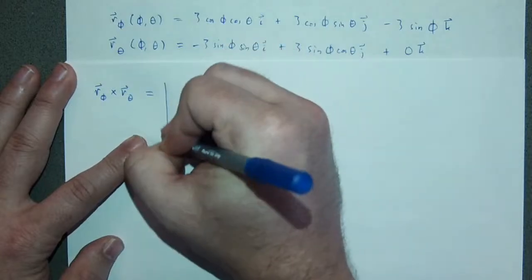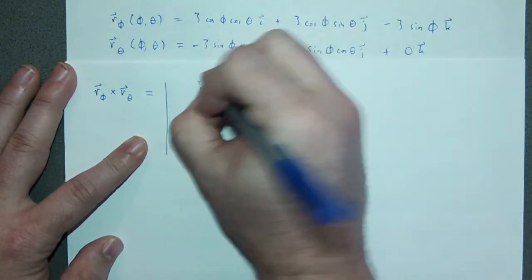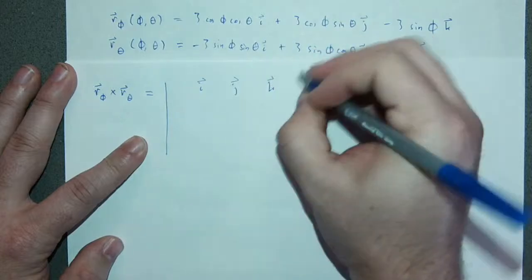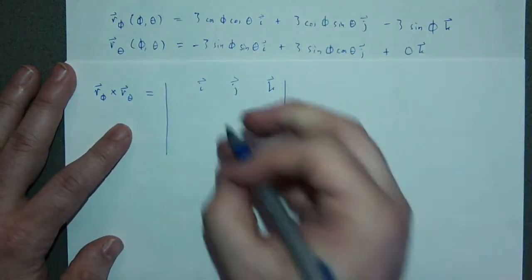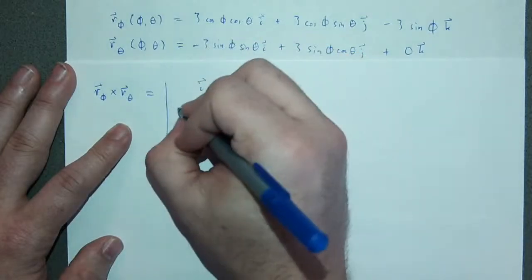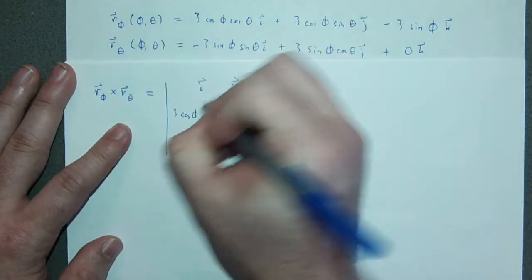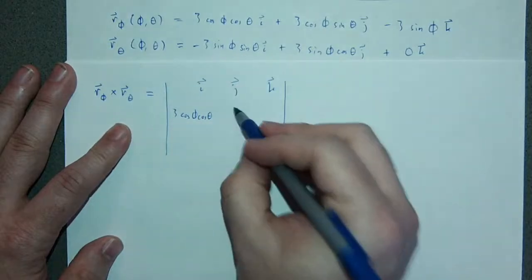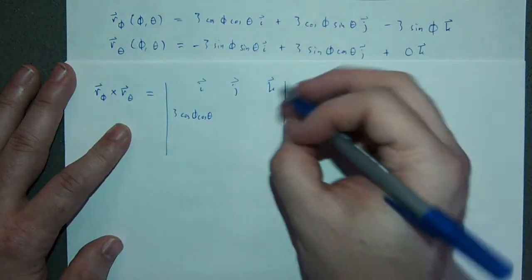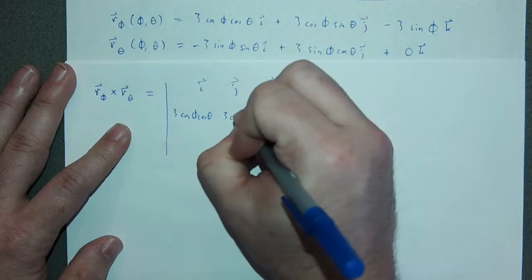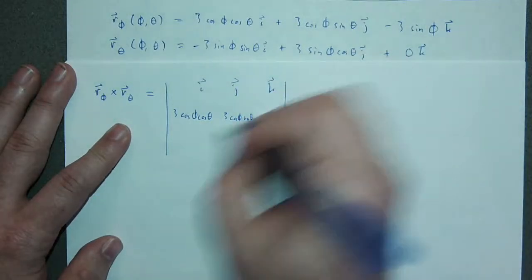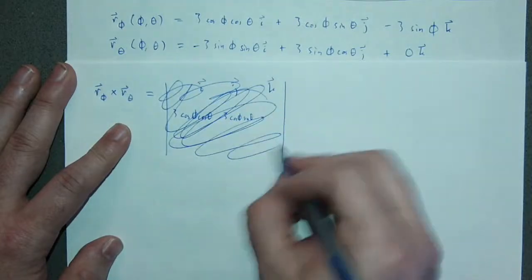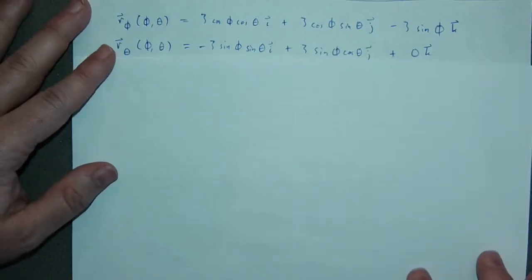To compute this cross product, along the top this is i j k. Okay, let's redo this. I'll get another piece of paper. I thought I made it big enough, but I didn't.